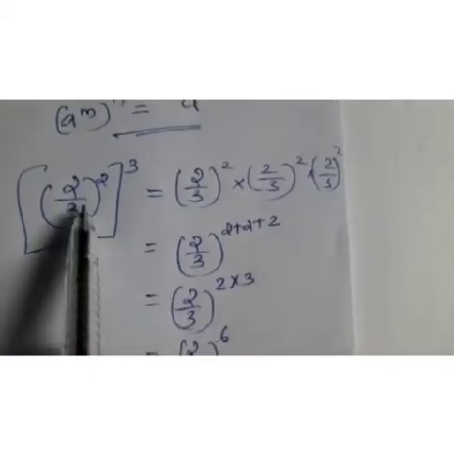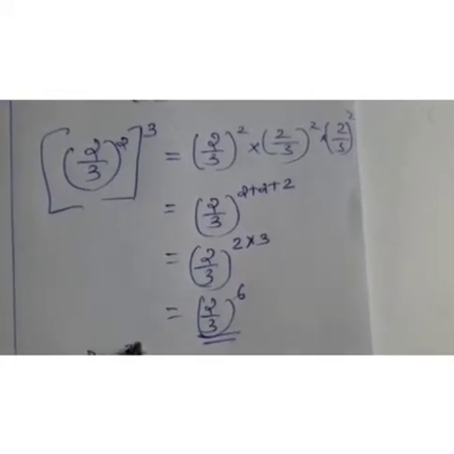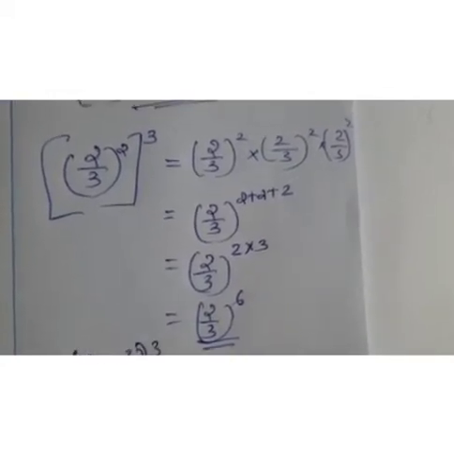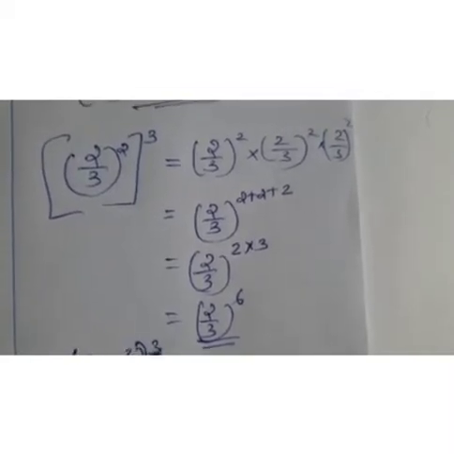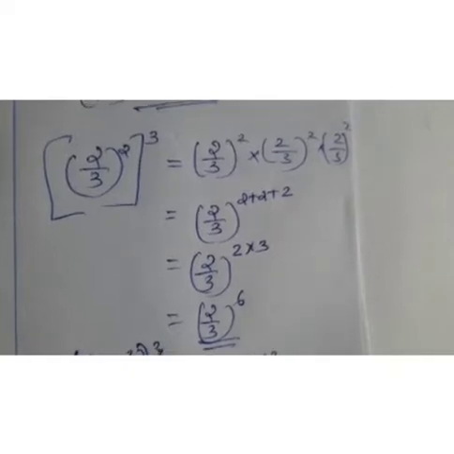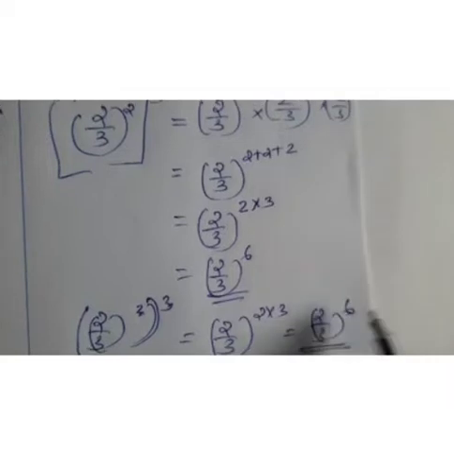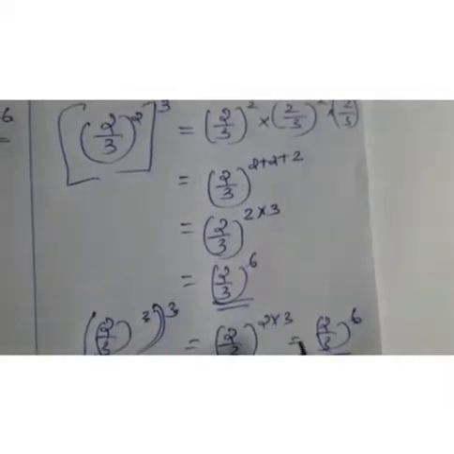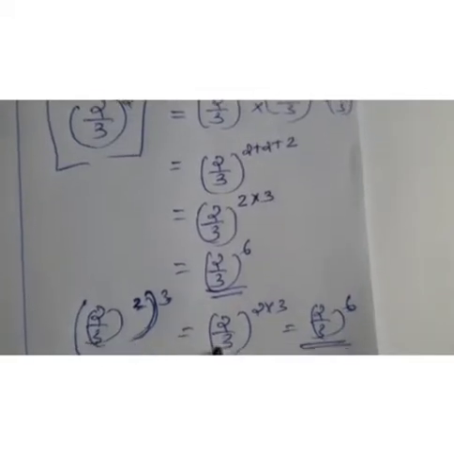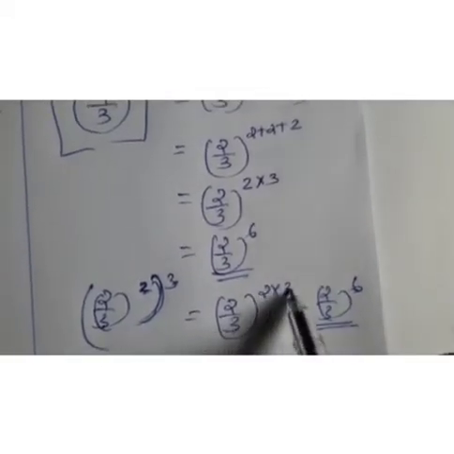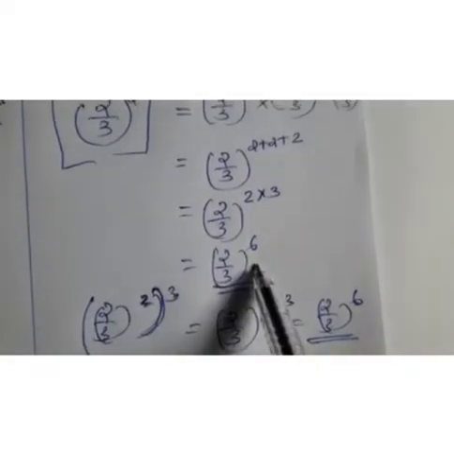That you can directly write here. (2/3) raised to 2 whole raised to 3 is equal to (2/3) into, these are the two powers, 2 into 3. How much? (2/3) raised to 6. Okay, instead of doing this, we can directly write this one. (2/3) raised to 2 whole raised to 3 is equal to (2/3) raised to 2 into 3. So that is 6.